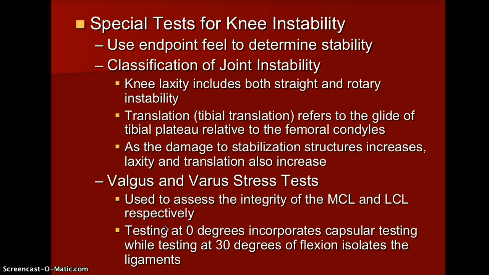And then the third bullet point says, as damage to stabilization structures increases, laxity and translation also increases. So, in short, it just means the more ligaments or the more structures you've damaged, then the more laxity you're going to feel compared to what normal is for them.